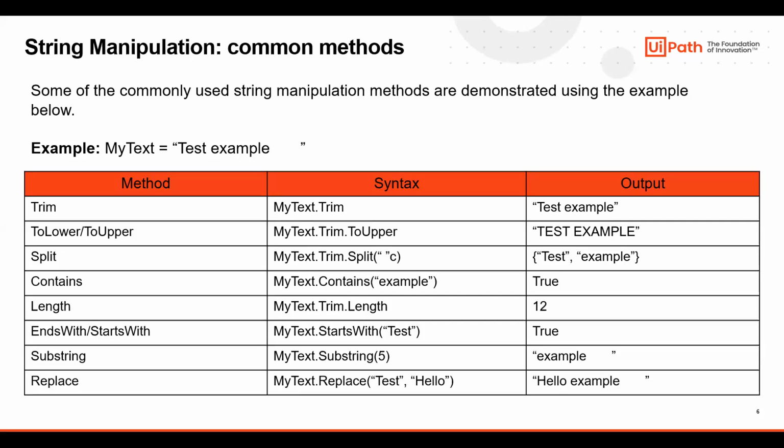To lower and to upper are examples of taking text and making it either uppercase or lowercase. Splitting it, pretty common to get several things in a list. So say apples, bananas, and oranges, and you want to have a series of 3 things that you can handle instead of having it all together in one field. That's what split does. And you might notice the little tiny C afterward.